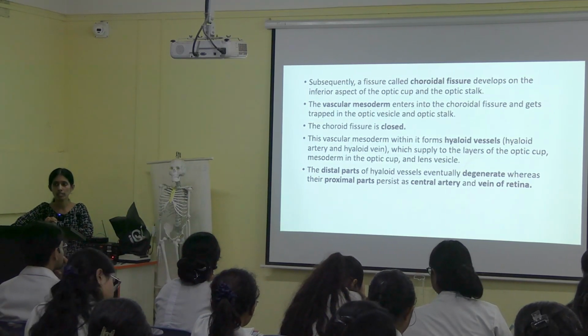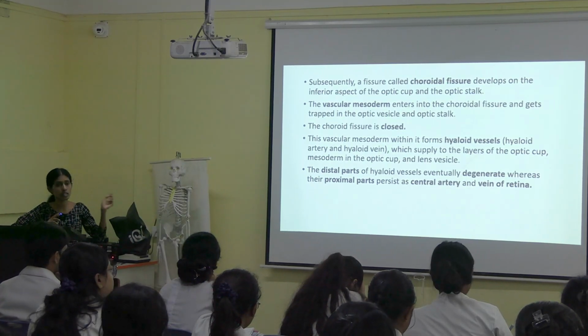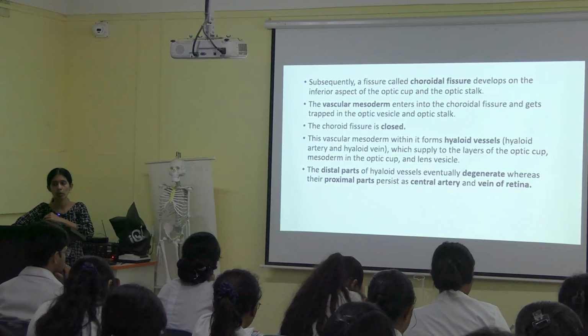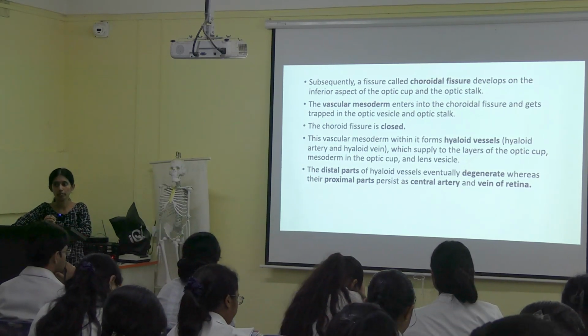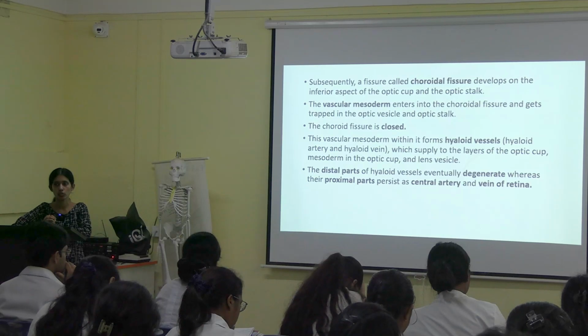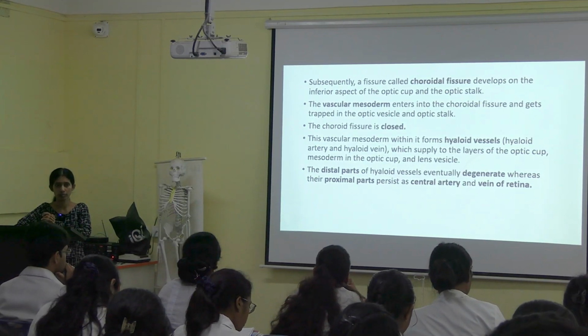In the hyaloid vessels, the distal part will degenerate, only the proximal part will remain. And that remaining part will give rise to your future vein of the retina and also the central artery, okay?